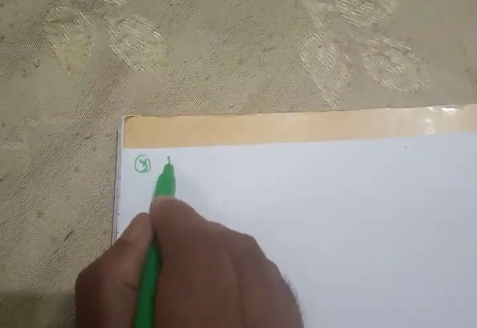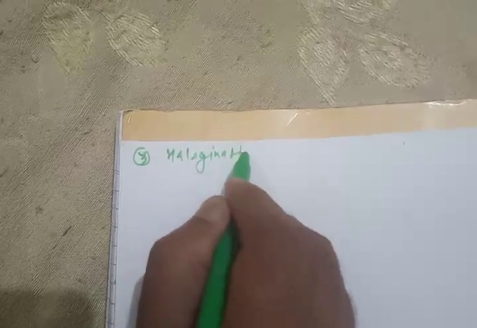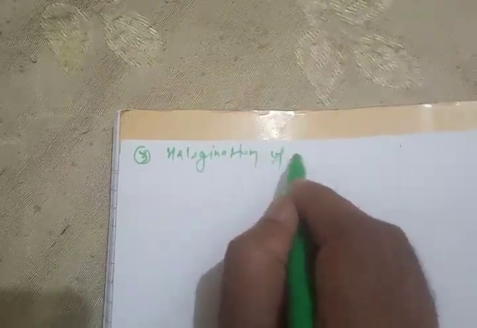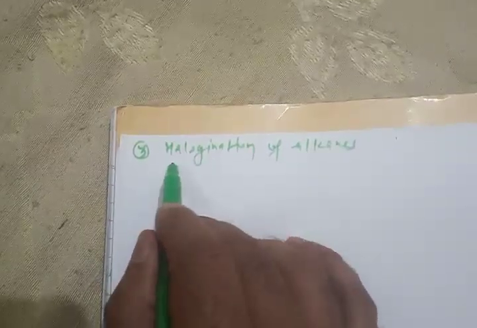Now let's move to the next, the third method for the preparation, which is the halogenation of alkanes. Halogenation means the direct halogenation we are talking about.